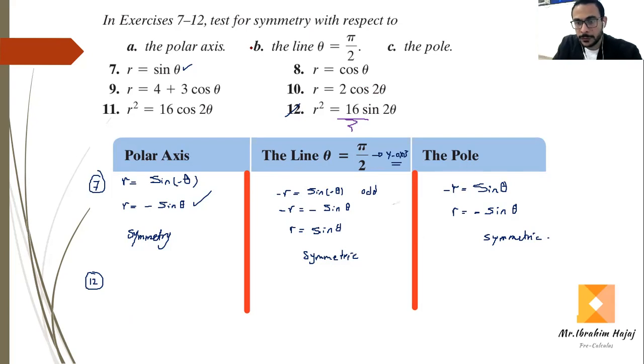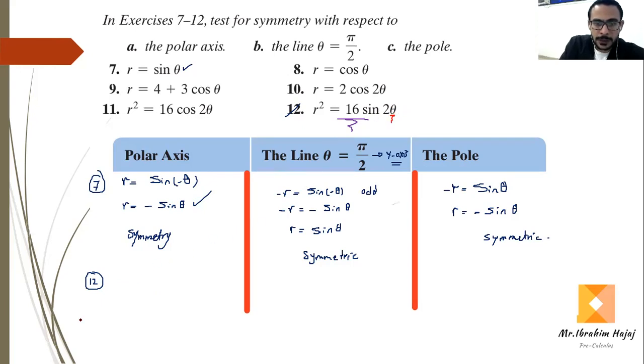watch Omar Hammam how to test the symmetry with respect to the polar axis of r squared equals 16 sine 2 theta. First of all, when it's the polar axis, I'm going to replace this theta by negative theta.